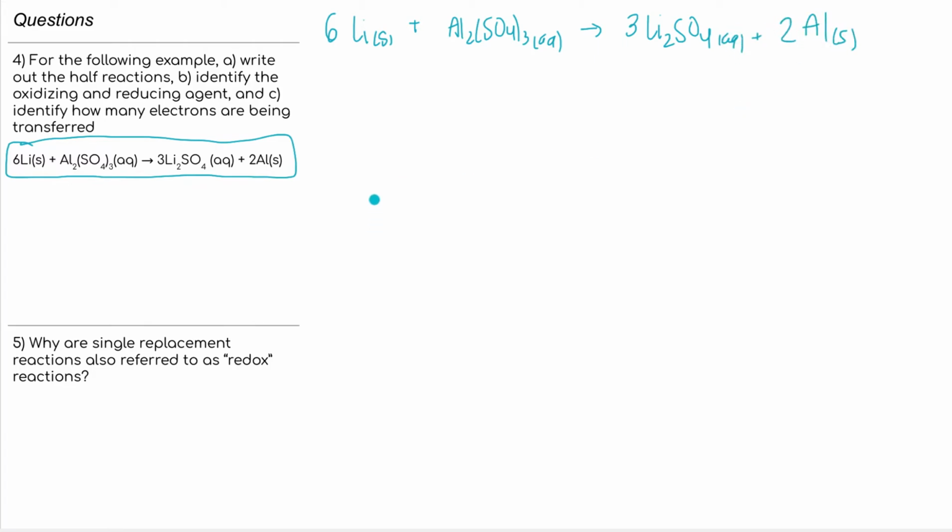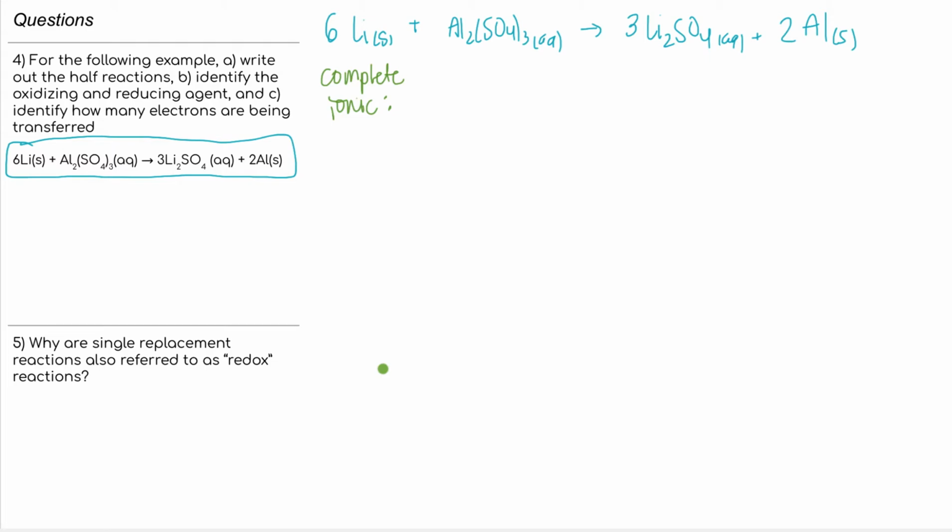Okay, so there's our balanced reaction from the previous example. The very first thing I'd encourage you to do would be to write out a complete ionic equation. So this is kind of something we covered way back when. We're going to do something slightly different though this time around with the complete ionic equation. I want you to keep the coefficients in the complete ionic equation.